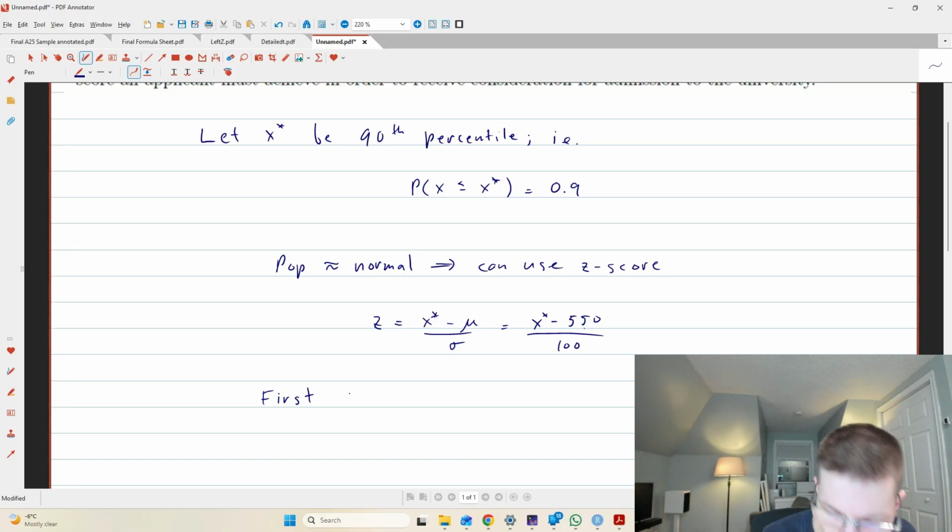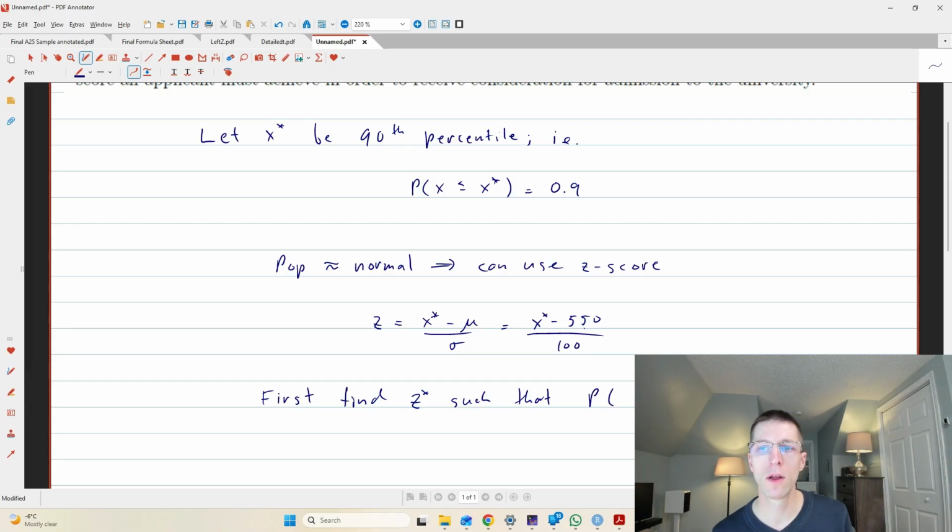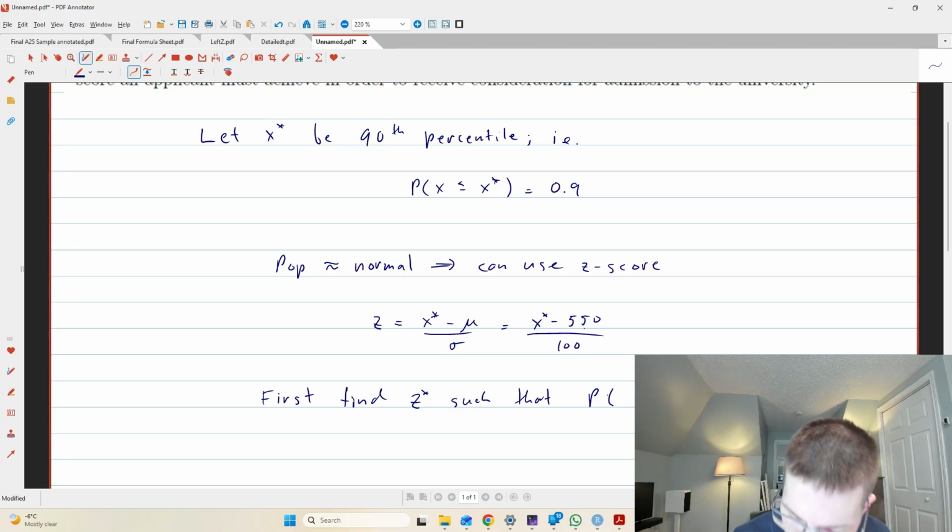So first, find Z, let's call it Z star, such that the probability matches. We'll do things in terms of a variable for which we have a table, and then from that figure out the corresponding raw score.